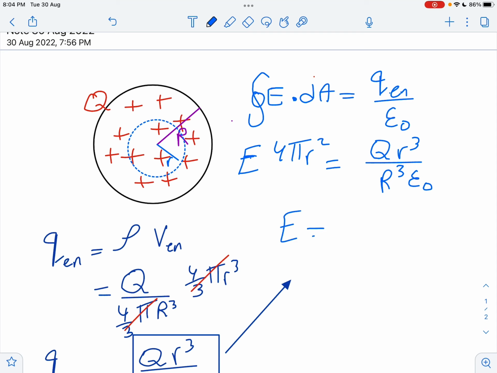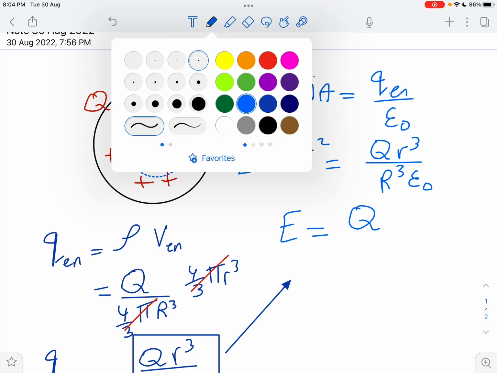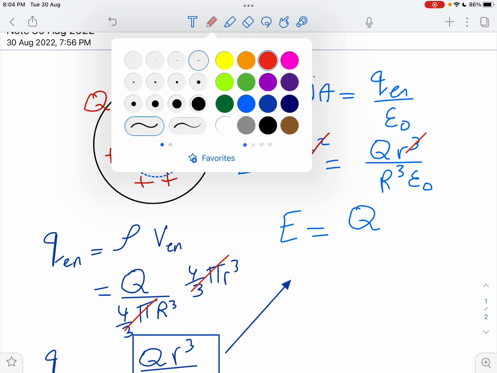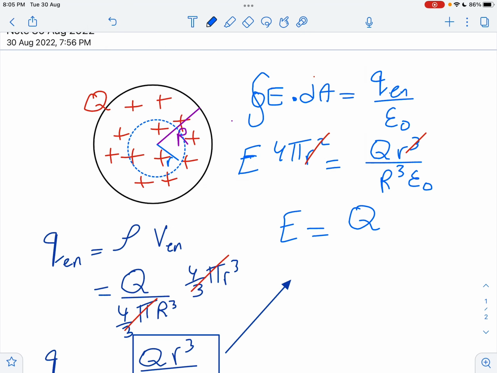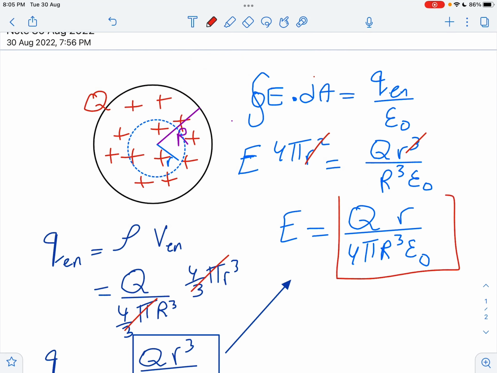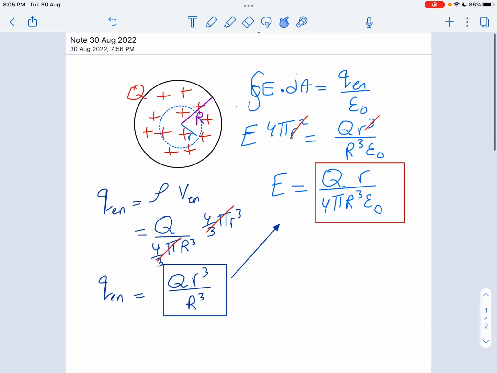So the electric field will be Q, then small r cubed over small r squared, we are left with small r. And in the denominator, we have 4 pi capital R cubed epsilon 0. So that's the equation of the electric field inside the sphere.